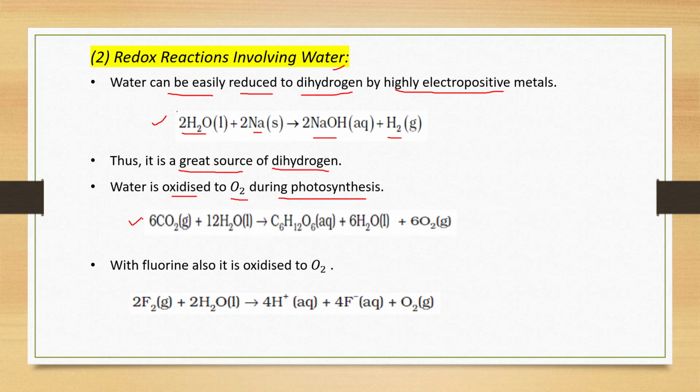This is the reaction occurring in photosynthesis: 6CO2 plus 12H2O converting into C6H12O6 plus 6H2O plus 6O2.